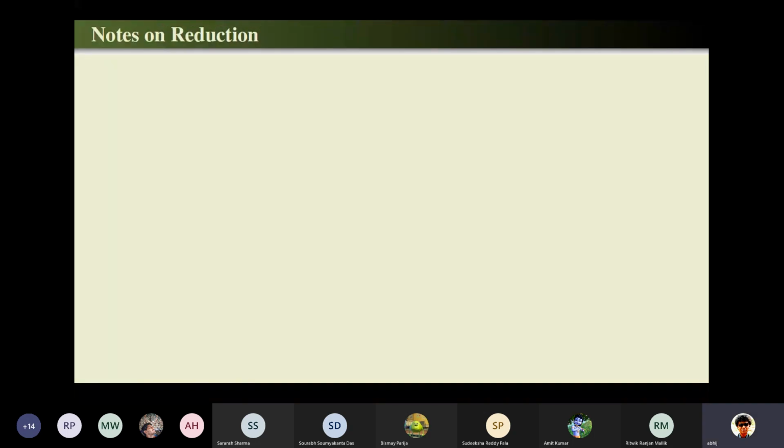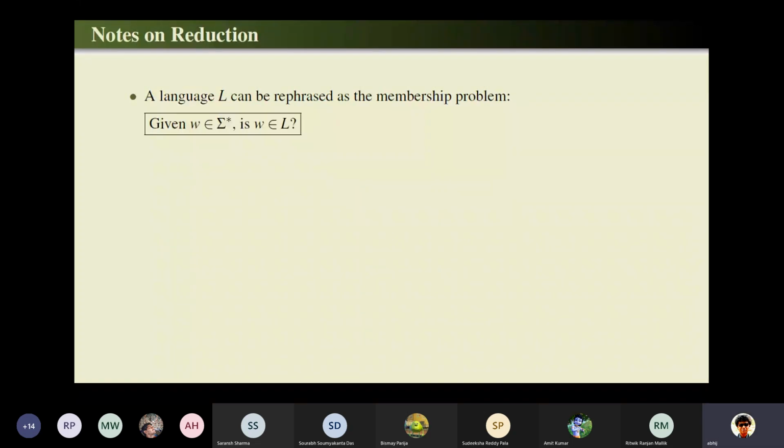Before we look at some other examples, let us see. First of all, languages and problems are essentially the same thing. So L is a language, the corresponding problem is this: given a string W, it is the membership problem whether W is in L. In that sense, languages and problems are essentially the same.